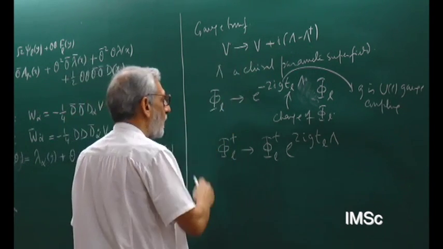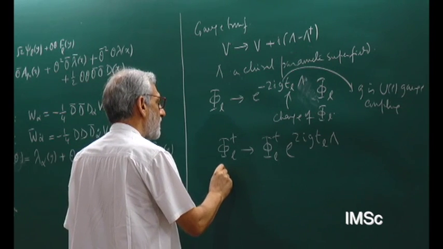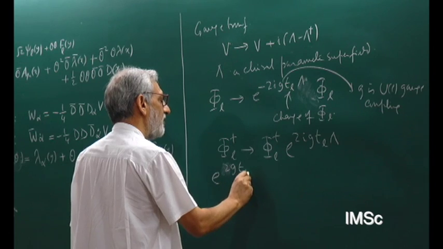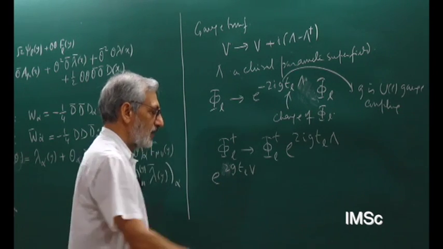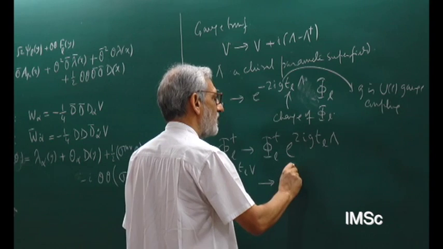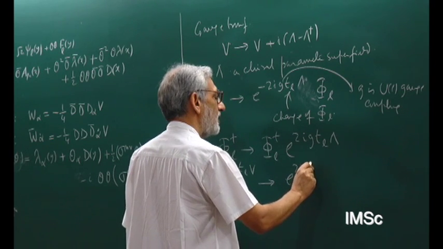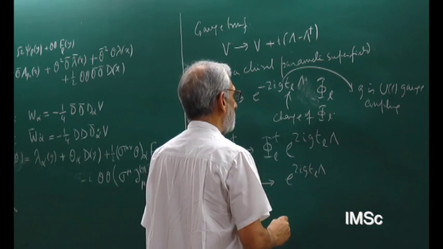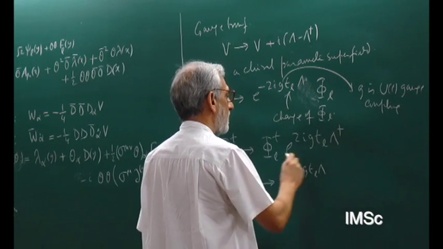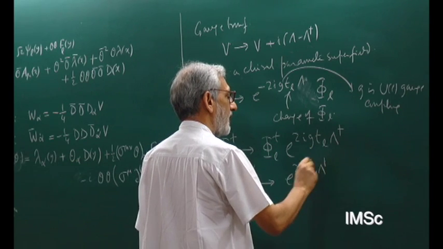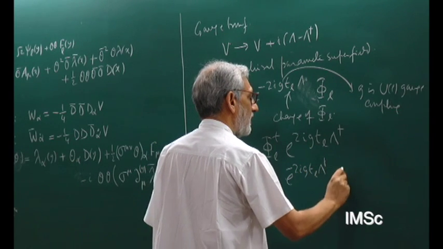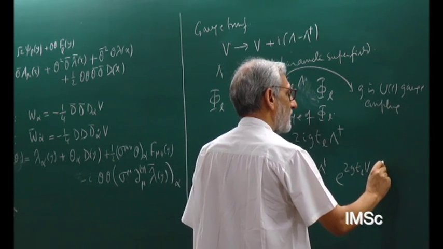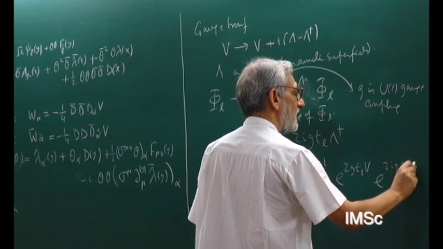Given how V transforms, if we construct exponential 2 g T_L V, then this object transforms as exponential minus 2i g T_L Lambda dagger, exponential 2 g T_L V, exponential 2i g T_L Lambda.